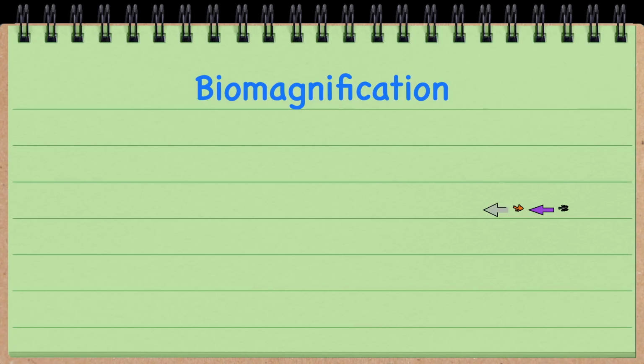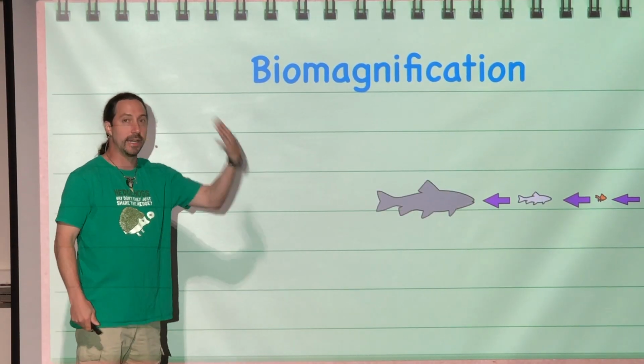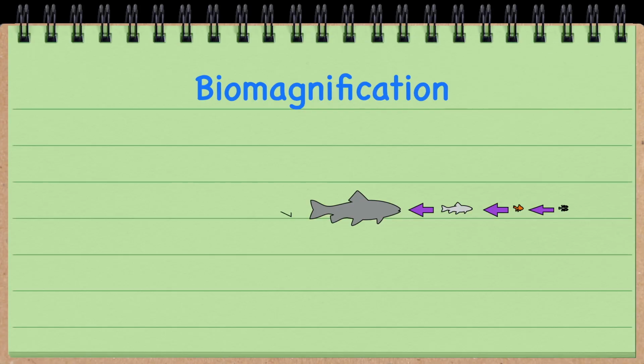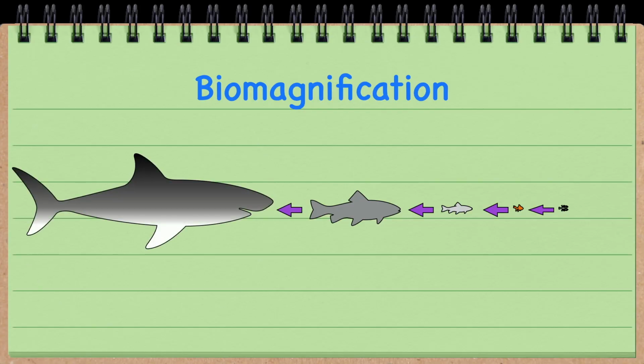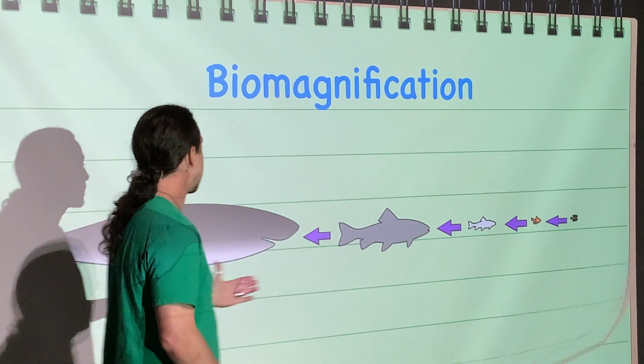And then when those small fish are eaten by a slightly larger fish, those toxins are going to accumulate more in the tissues of that slightly larger fish. And as we progress up the food chain, these toxins are going to increase and increase and increase in the tissues of these different organisms. That is the way that biomagnification works.